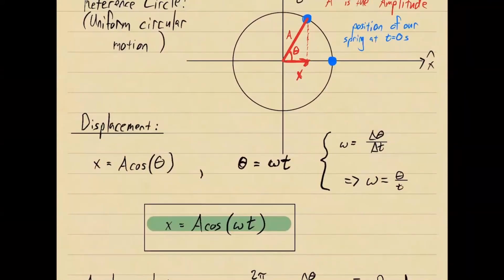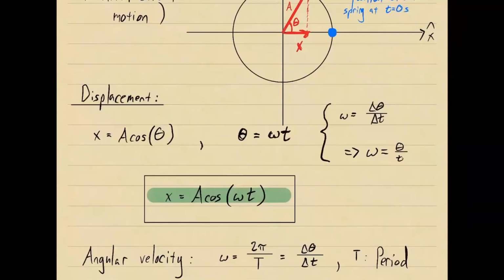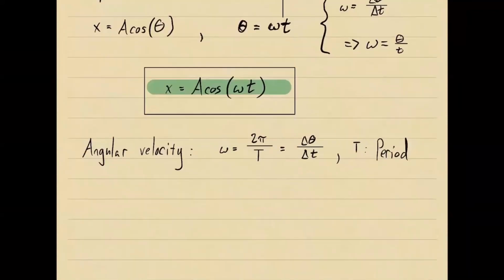For a spring that's bouncing back and forth across its equilibrium position, the period is literally how long it takes to be released, go to one side, and then return back to where it initially started. How long that takes is going to be the period.